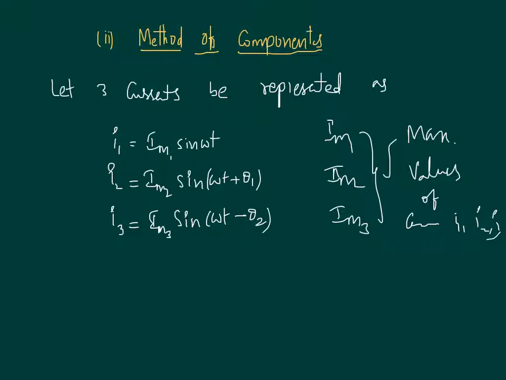These are in polar domain. We have to resolve these quantities into xy components, algebraic coordinate components, like Im1, Im2 and Im3 resolved into x and y components. How can we achieve this? We will observe in the next slide.